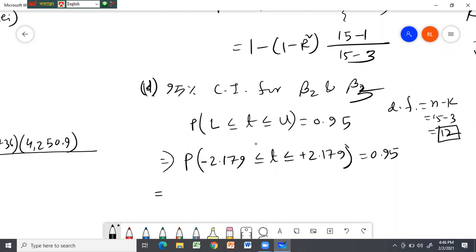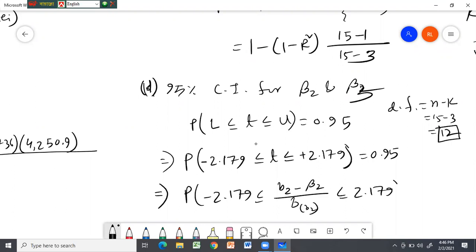So now probability of -2.179 to +2.179 is equal to 0.95. The table t test: b2 minus beta 2 divided by standard deviation of the b2, 2.179 is equal to 0.95.